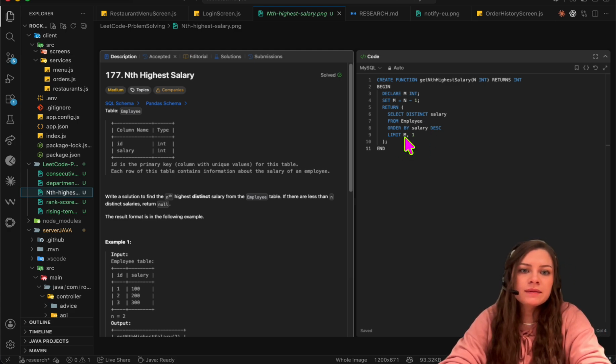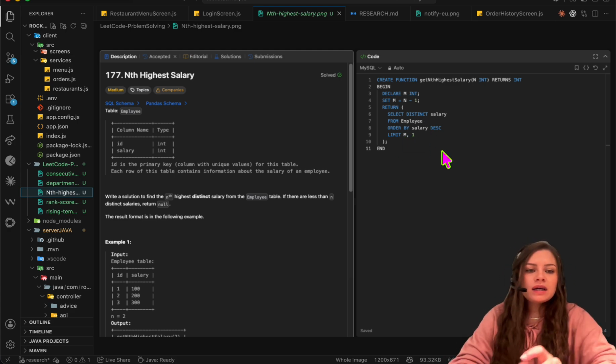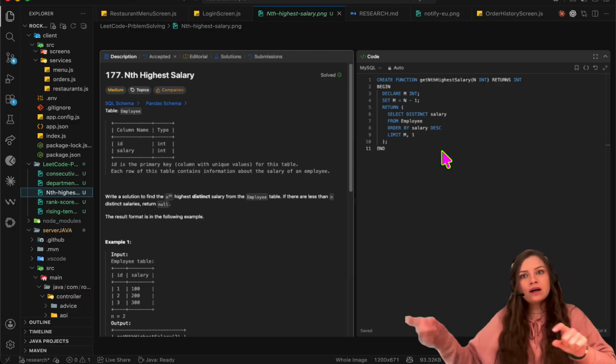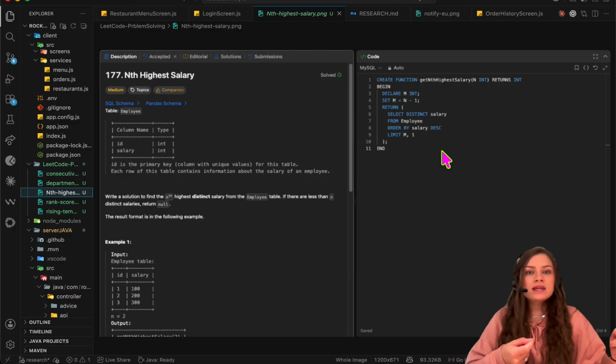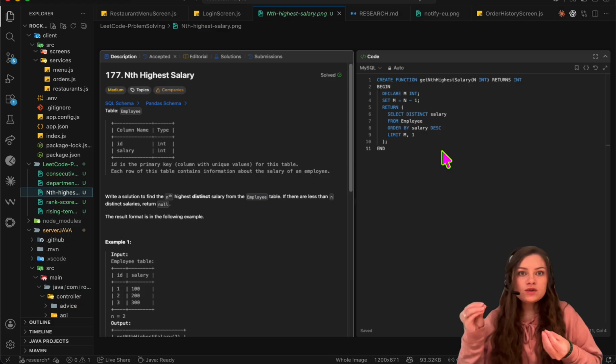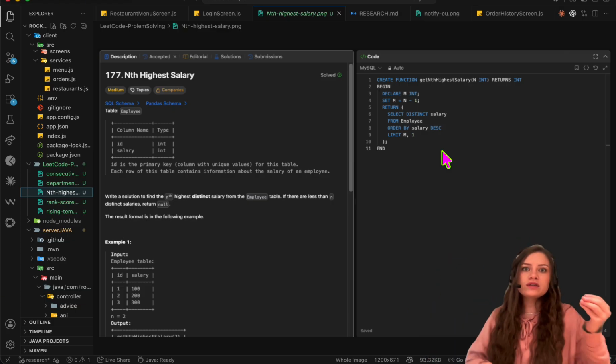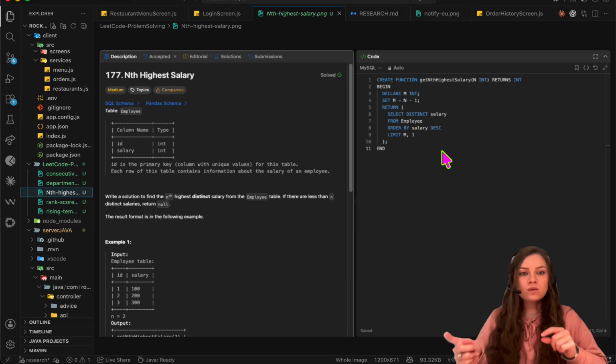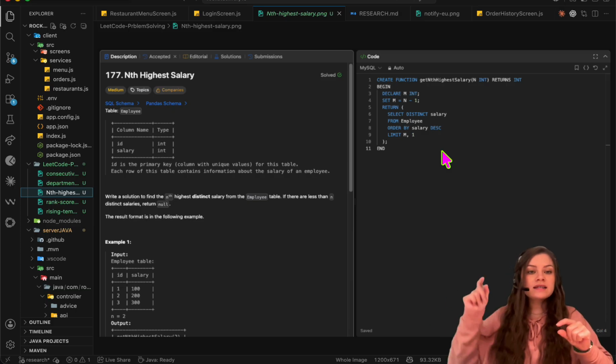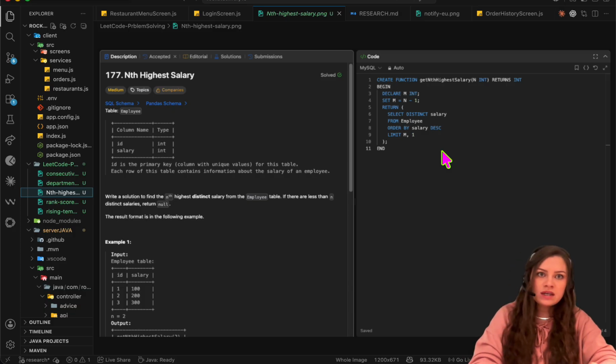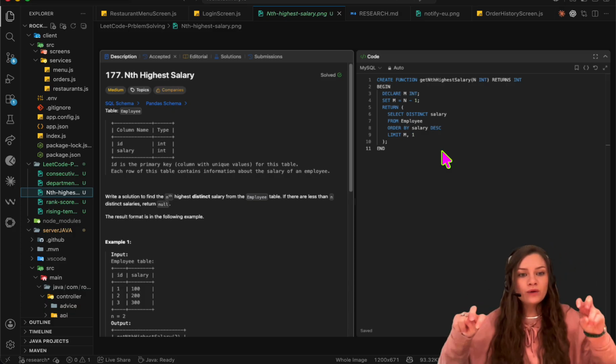With this LIMIT M, 1 in MySQL, LIMIT offset, count skips offset rows and then takes count rows. To get the nth highest, I sort distinct salaries from highest to lowest and then skip the first n minus 1. So for the second highest, I skip 1 and take 1. I use distinct because two people can have the same salary, but that's still one salary rank.